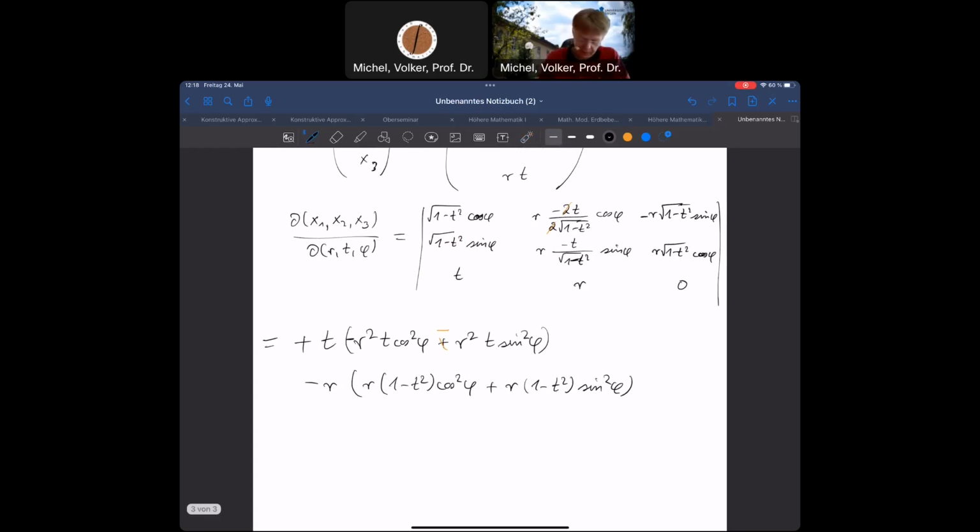Now, this is not very difficult. What is left to do, I could first of all collect here the t, which gives me a t square. I can collect the minus r square. So I get a minus r squared t square. Now I have that already, I have a cosine square phi left here. And again, I have this already collected, so I have a sine square left. So cosine square plus sine square is obviously 1. I will write it down.